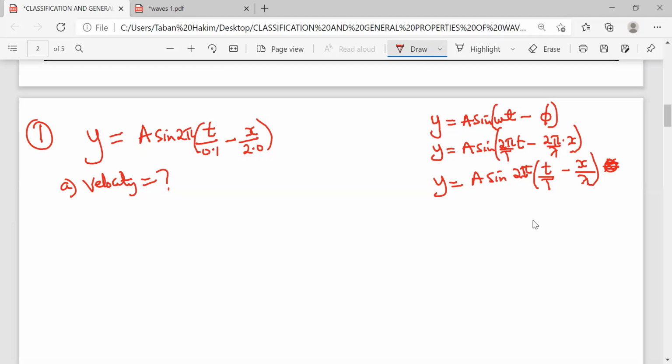So how do you find the velocity? What is the equation for the velocity? What do you remember? In short, the wave equation. How did we state the wave equation sometime back?